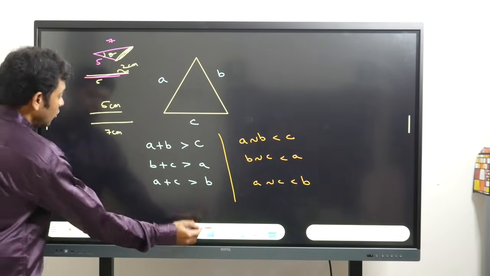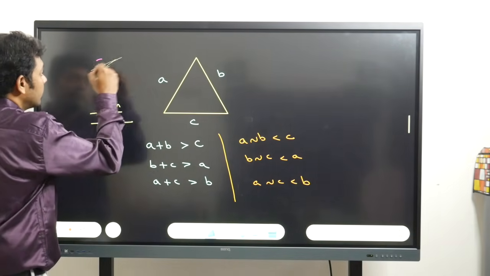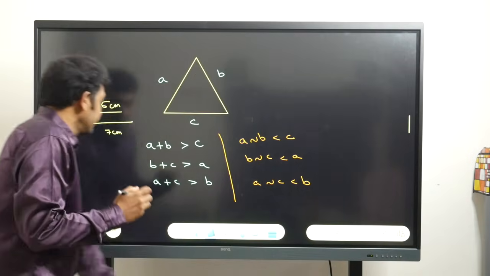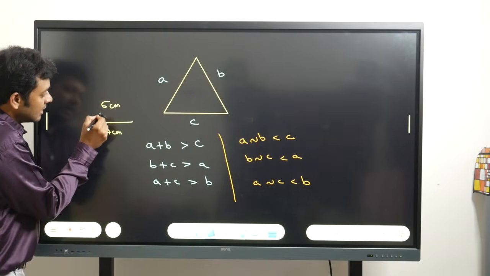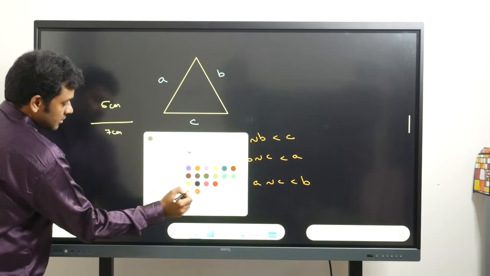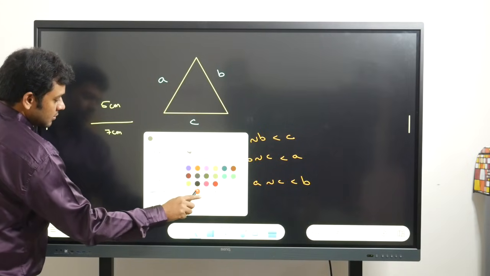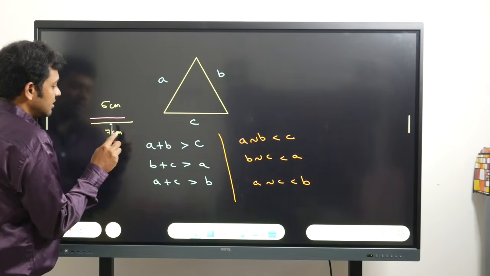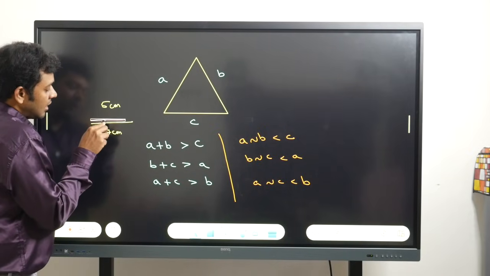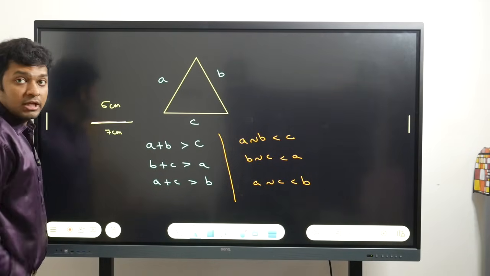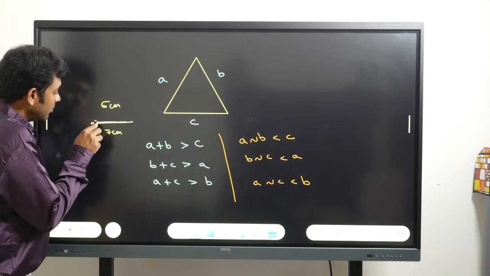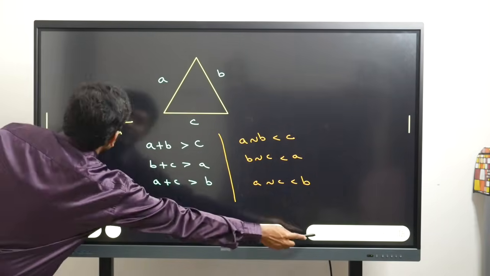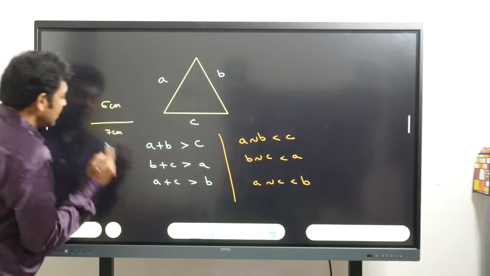Therefore, if this line is lying on the other line, I will not be able to form a triangle. For me to form a triangle, this line should have some angle theta from this point.